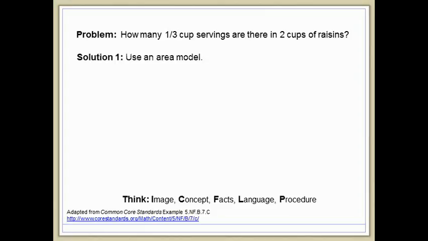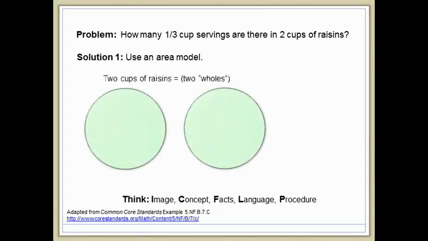We'll start out by looking at this from an area model point of view. If we allow 2 green circles to represent 2 wholes, the 2 whole cups of raisins, then a 1/3 cup serving would be represented by 1/3 of one of those cups.